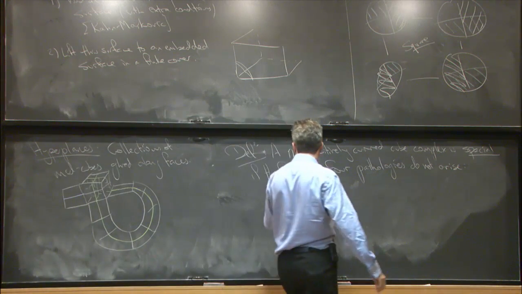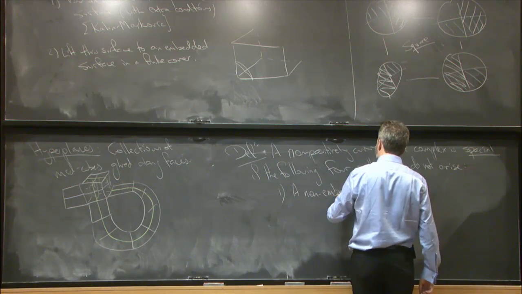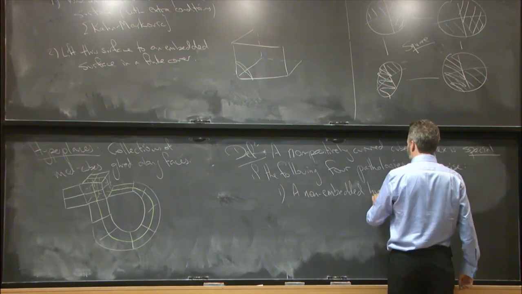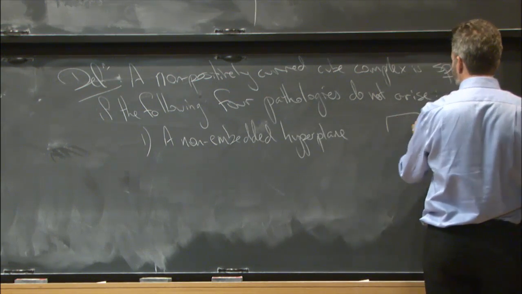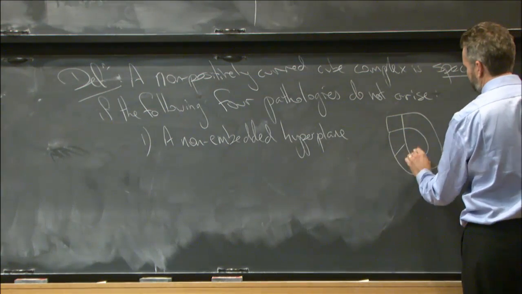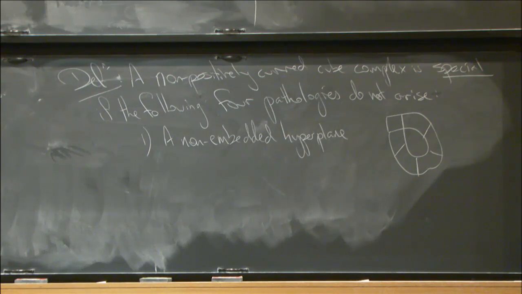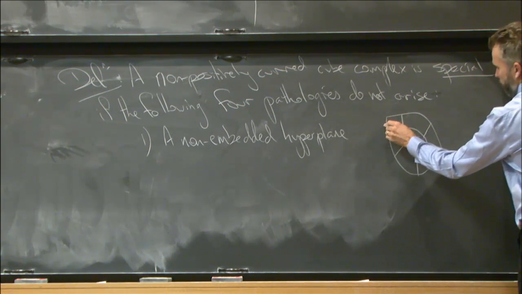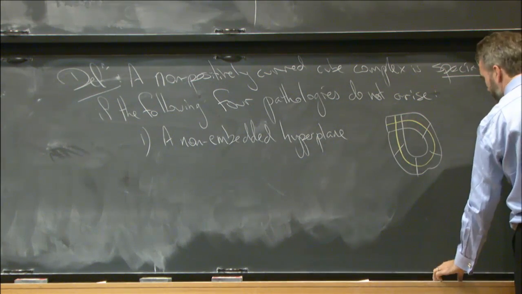So a non-embedded hyperplane, and for each one I'll draw a little picture. That's like this picture here, or more simply, we just have a collection of squares, and then we start following from one square, and it comes back and it's not embedded.